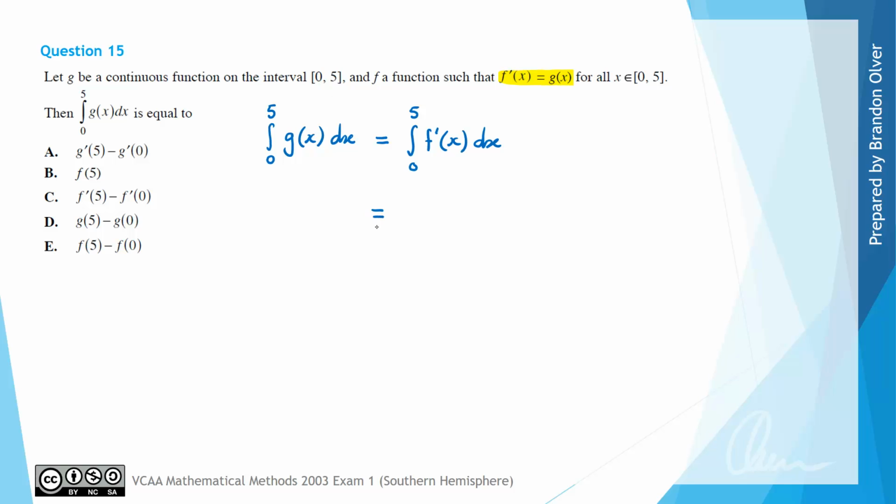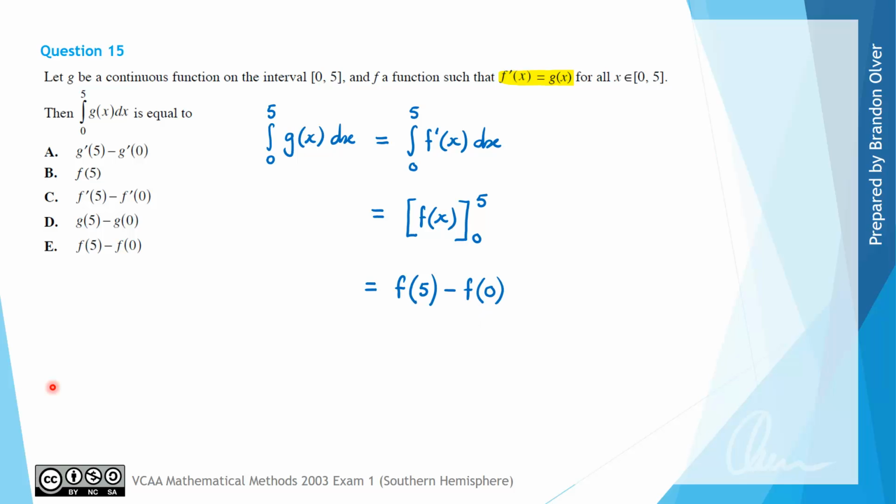To evaluate an integral, we know that we can calculate an antiderivative and evaluate it between the terminals of 0 and 5. The antiderivative of f dashed of x, symbolically, is simply f of x. Then to evaluate that, the fundamental theorem of integral calculus says we take the antiderivative, f of x in this case, and evaluate it with the upper limit, and then subtract the antiderivative with the lower terminal, 0, substituted into it.